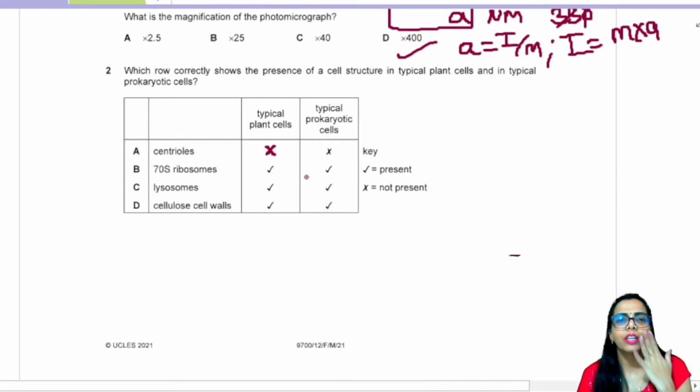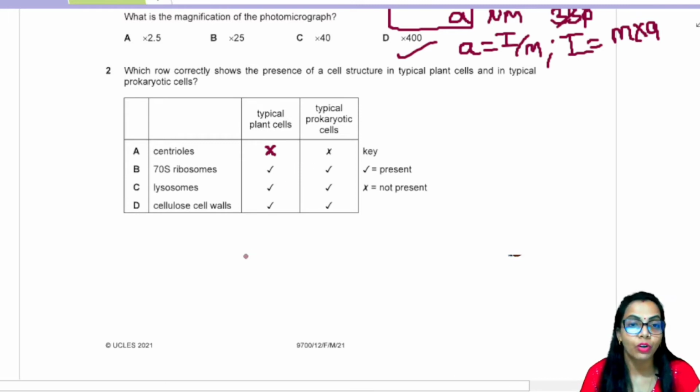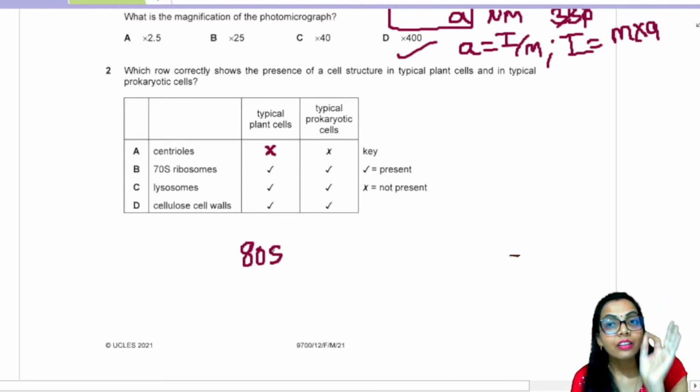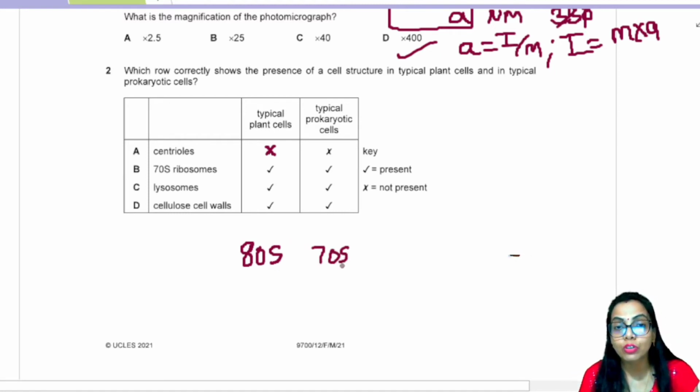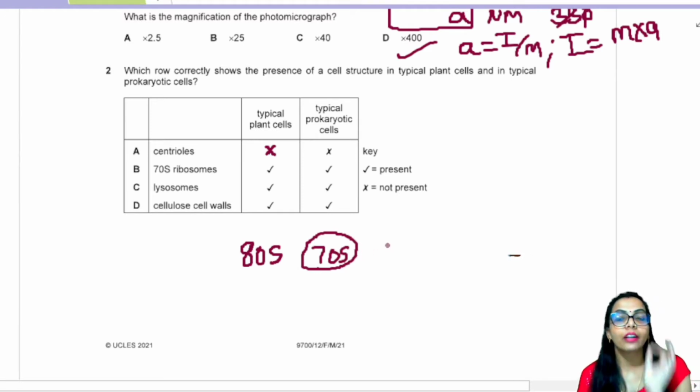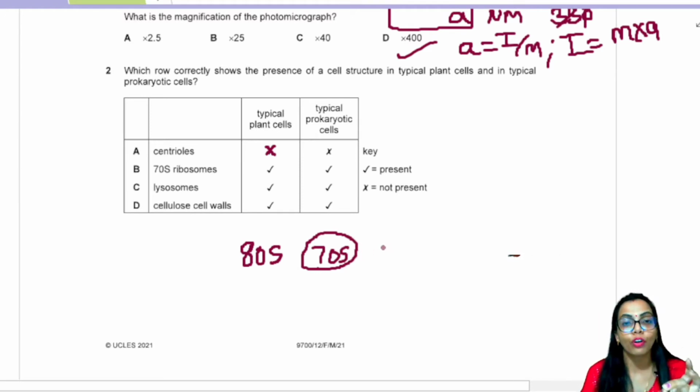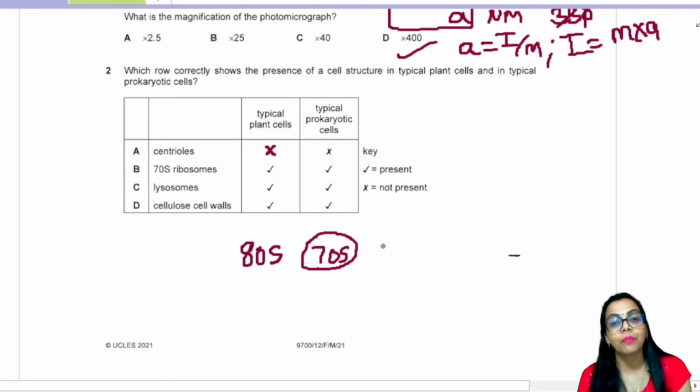Then you will say to me, no, in a plant cell only the 80S type of ribosome is present. Hey, wait, stay focused: the 70S type of ribosome is also present in the plant, in the chloroplast. We know that the chloroplast and the mitochondria contain 70S ribosomes, and the cytoplasm contains 80S ribosomes.